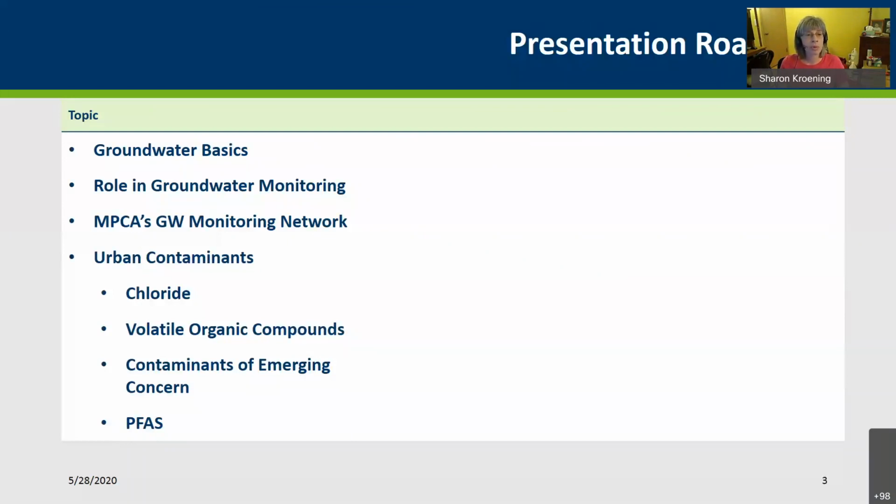Then I'm going to speak about the state's approach to groundwater monitoring, and specifically the MPCA's role in groundwater monitoring. And then I'll give an overview of our ambient groundwater monitoring network. Then I'm going to discuss some of the results we've been finding on urban contamination in the groundwater.